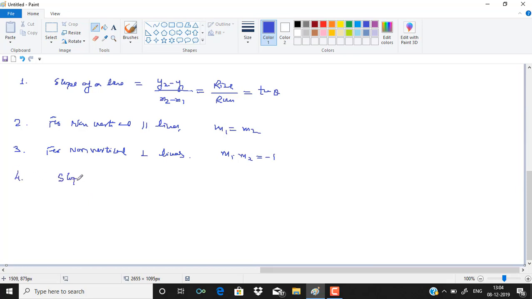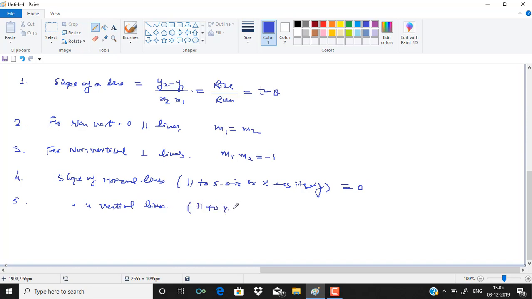Then we have slope of horizontal lines. Horizontal line means all lines that are parallel to the x-axis or x-axis itself. Slope is 0. And slopes of vertical lines. Vertical lines means all lines which are parallel to y-axis or y-axis itself. Slope is undefined.